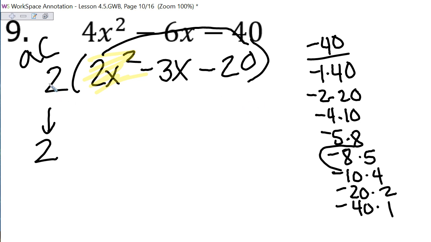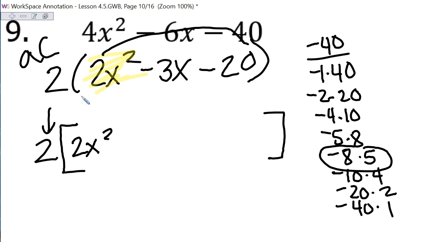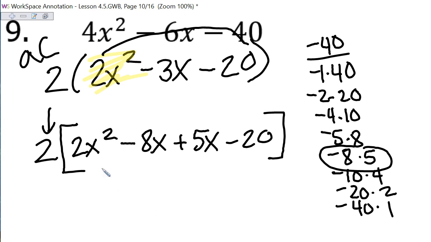So again, I'm going to use brackets to put the 4 terms inside to bring down the 2x squared. And how do I split up the negative 3x? Minus 8x plus 5x minus 20. After you have the 4 terms, group the first 2, group the last 2.